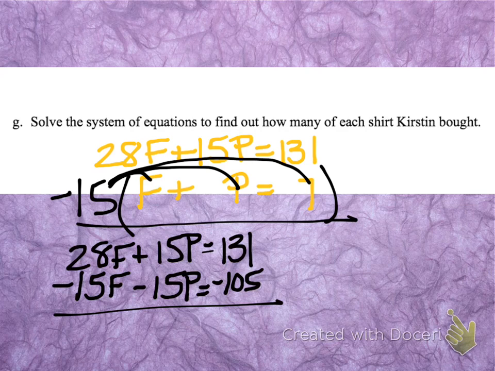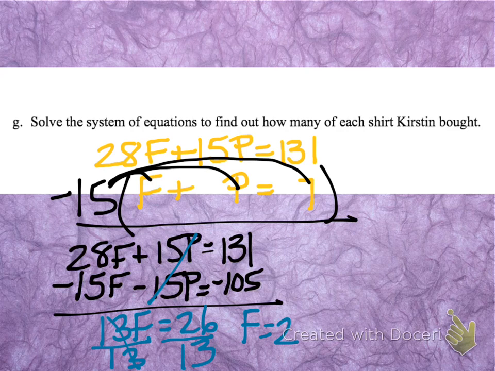Alright, and now we just have addition and subtraction to take care of. So, 28F minus 15F will give us 13F. The 15P's both cancel, and 131 minus 105 leaves us with 26. Well, when you divide by 13 on both sides, F equals 2.